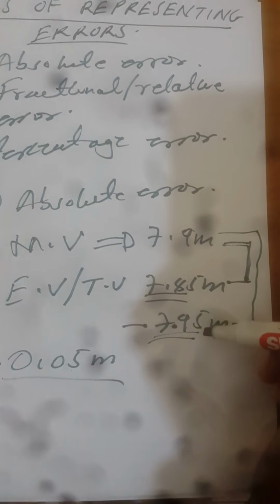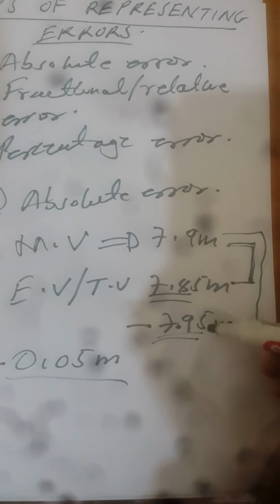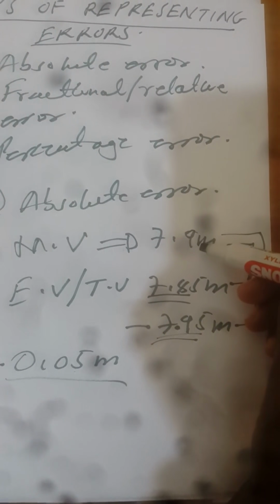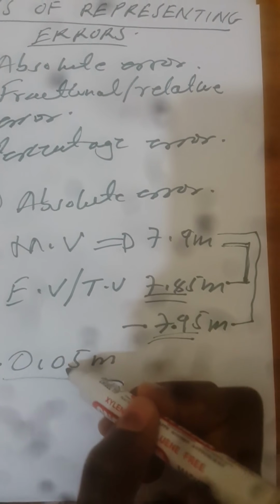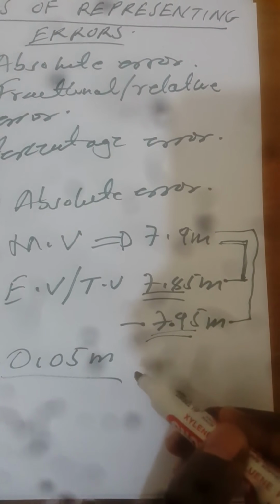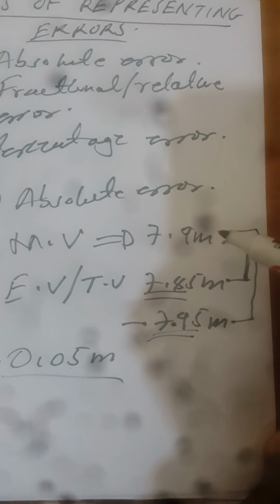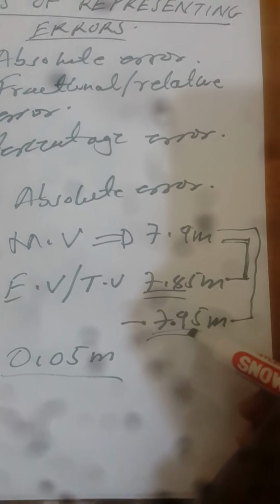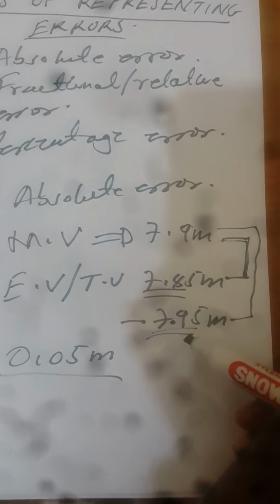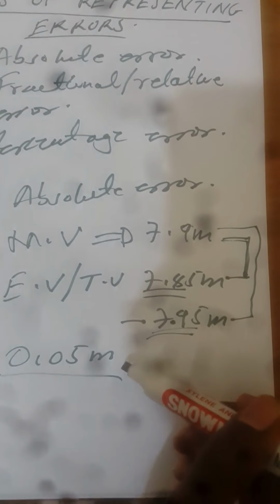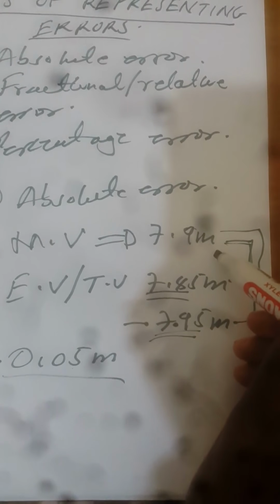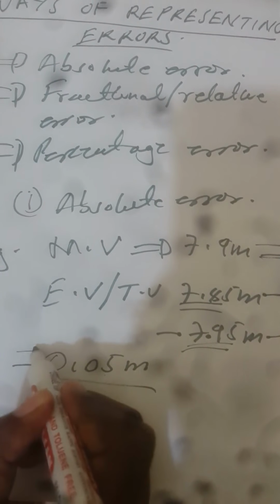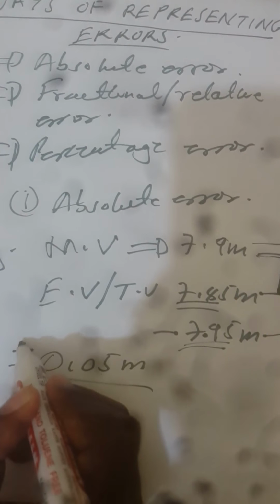When you observe here, this exact value is greater than the measured value by 0.05 meter. So in order to obtain this true value or exact value, we must add 0.05 meter to the measured value. That's why we put an addition sign like this.